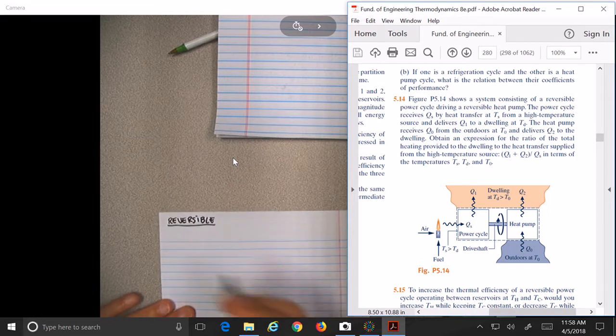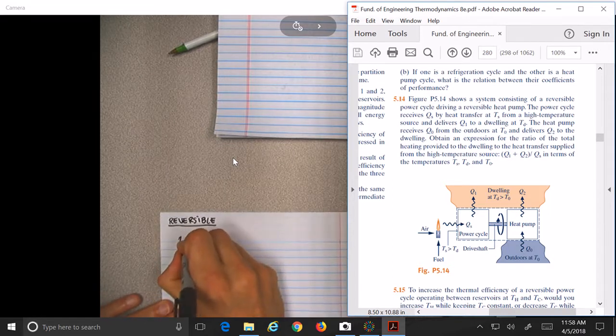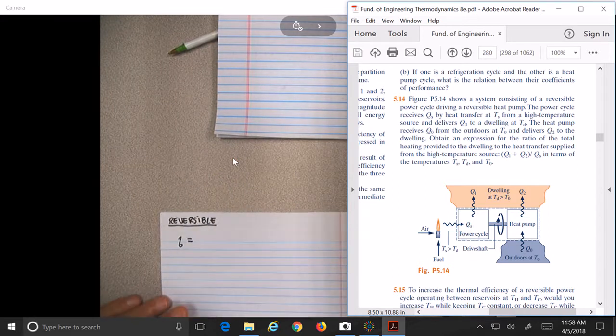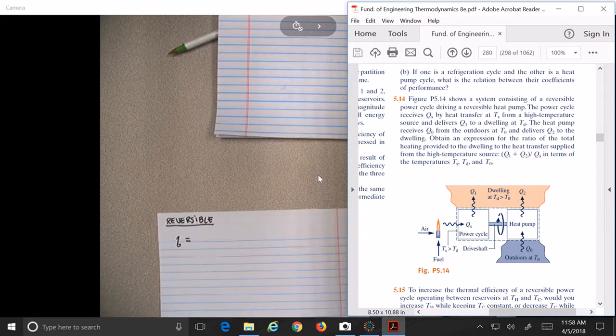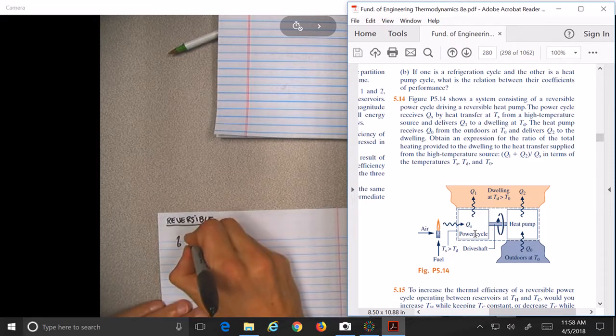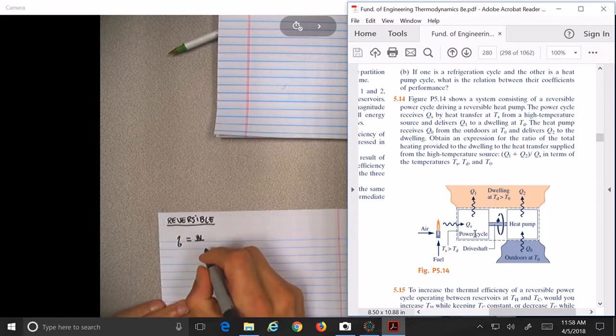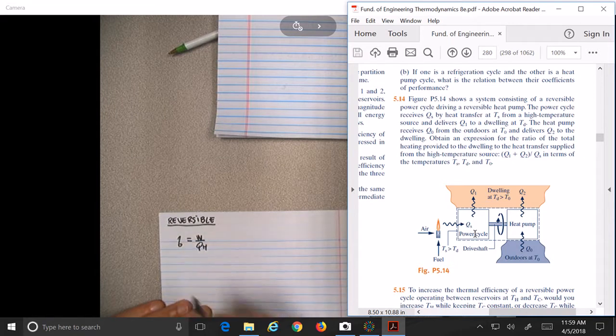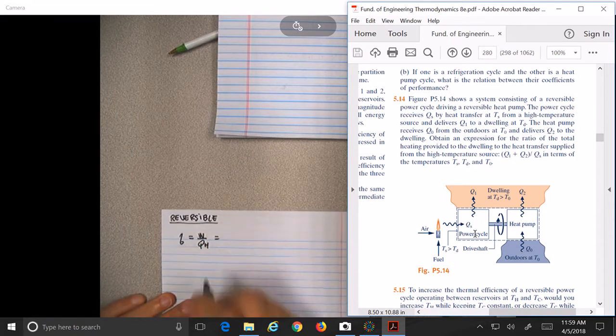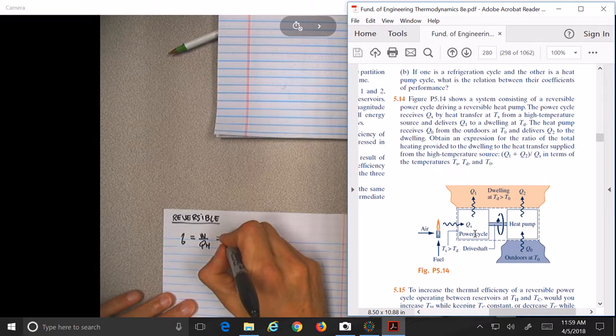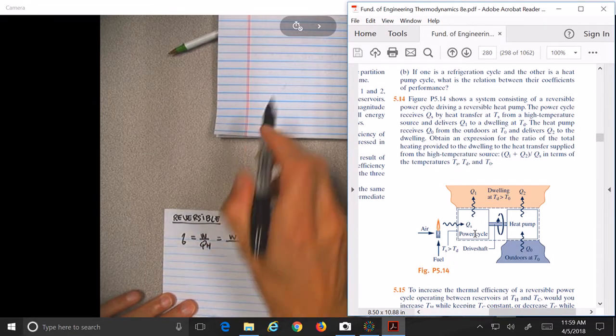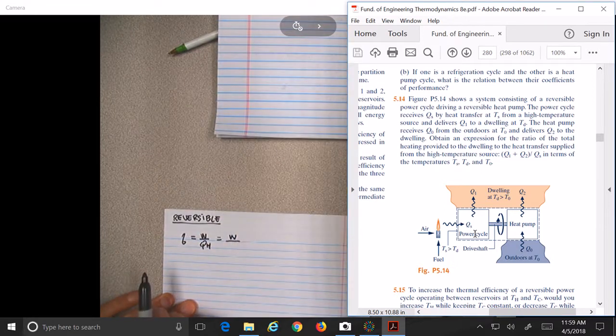So it's reversible, so what would be the efficiency of the power cycle of this one over here? Generally, it is whatever you get out, let's say the work, by whatever you put in, no? Generally, that is Q hot. So in this case, that would be work, which is not given over here, even though I put it on my figure. And what is the Q hot for this one?